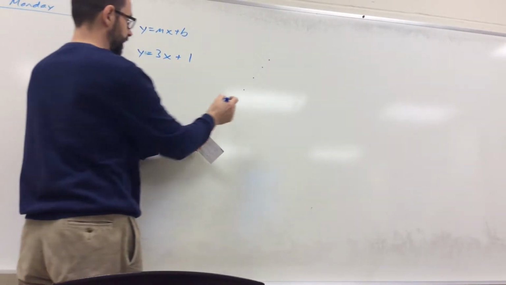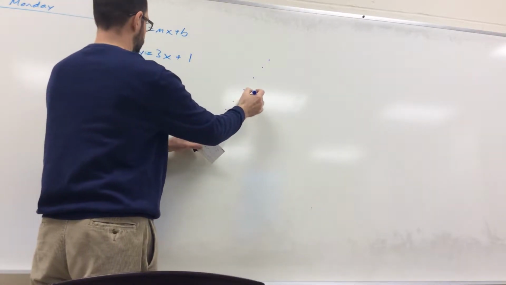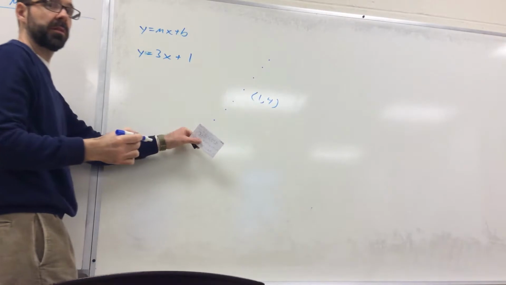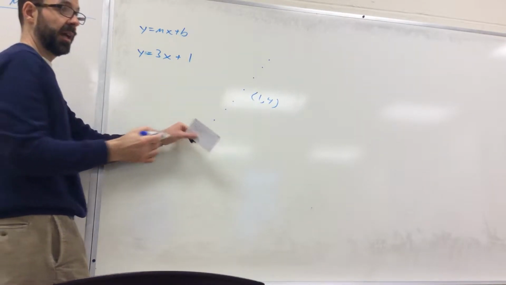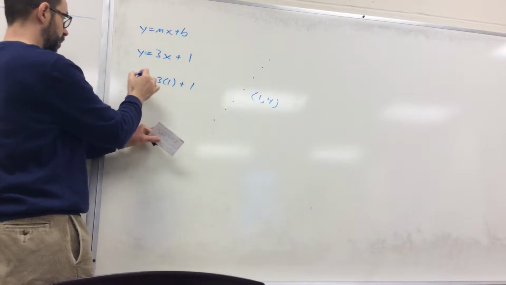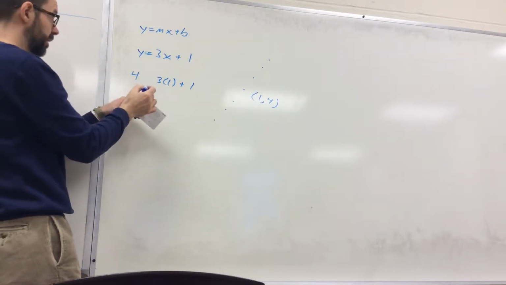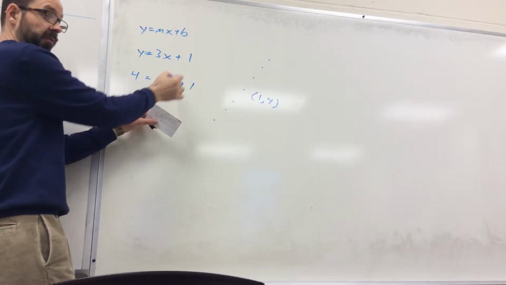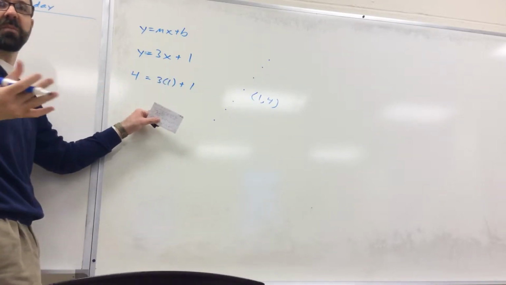And what the equation does is all the dots work in this. So what I mean by that is maybe this dot is 1, 4. And if you stick a 1 and a 4 in, it works. See how that side comes out to 4 and this side's coming out to 4? So that's what I mean by it working.